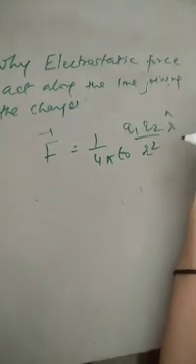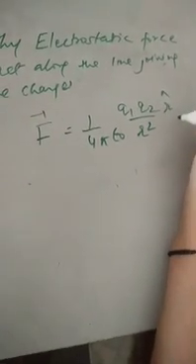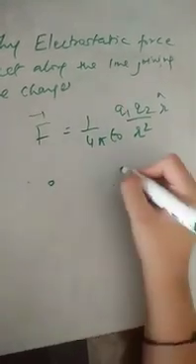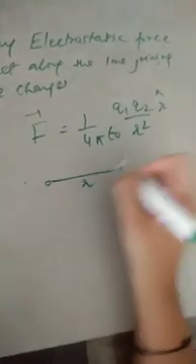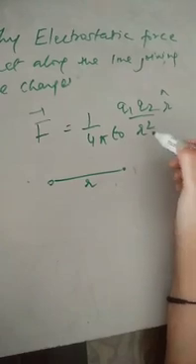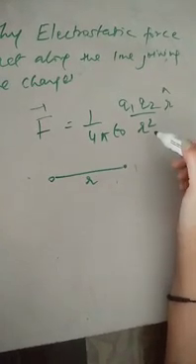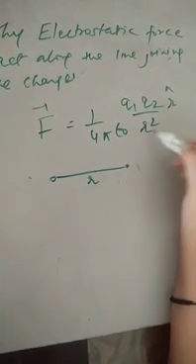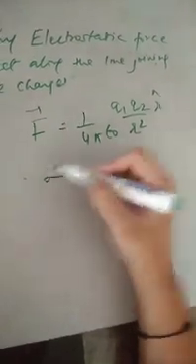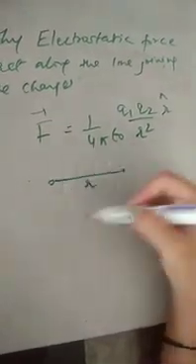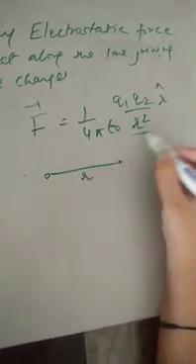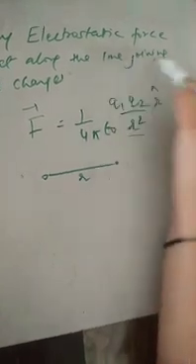So in this equation you can see it depends only on the distance between the two charges. Here in the formula only the distance is coming. It does not depend on the angular position of the charges with respect to each other, right? So that's why we say it acts only along the line joining.